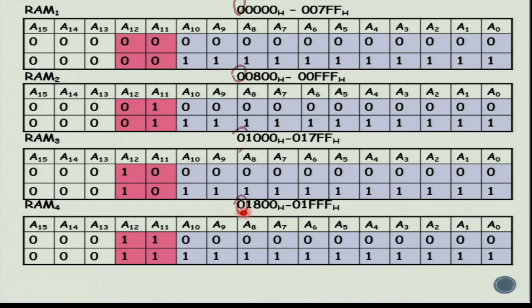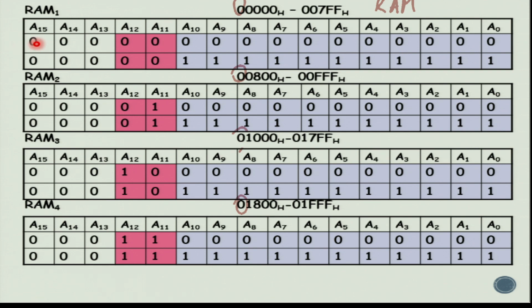And again, 1800 to 1FFF, the first binary value and the binary value of the last address. Now, if you look at address lines A0 to A10, we have said that A0 to A10 already go to the RAM chip to select one of the 2K locations, so we cannot use these 11 address lines. Let's look at the other address lines, A11 to A15.